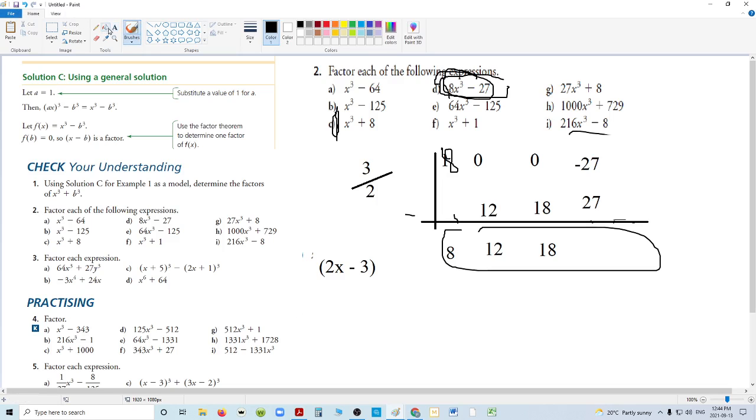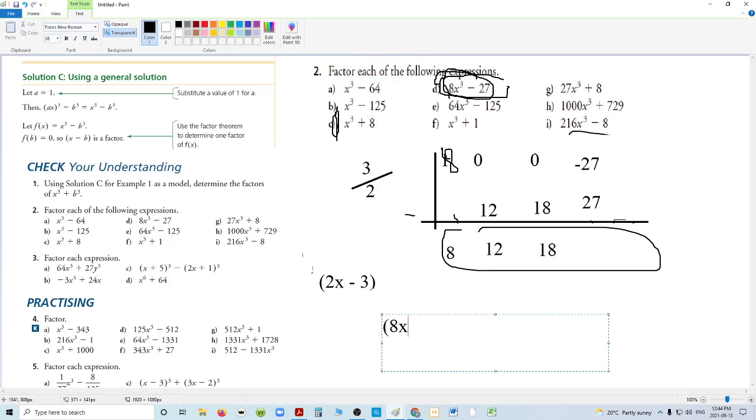Now the mistake you could make is writing it down as 8x squared plus 12x plus 18, because you're just taking your numbers from your synthetic division, right?